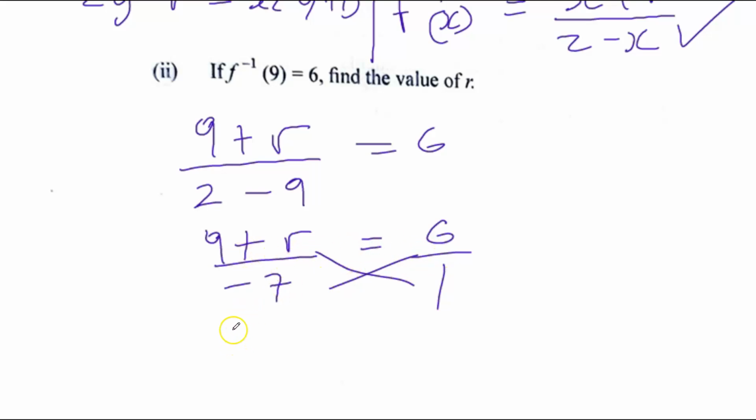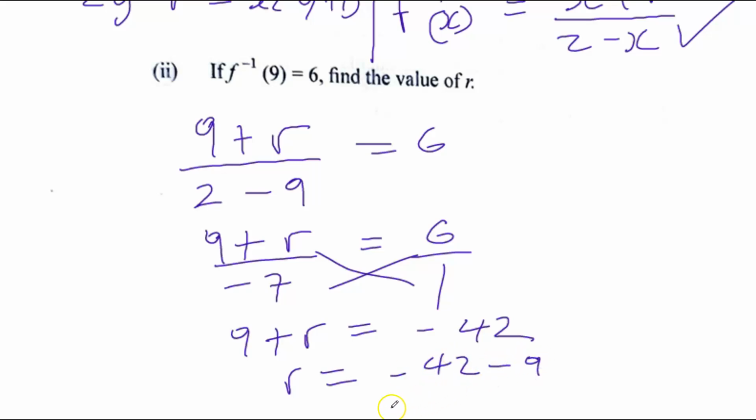Either way, we end up with 9 plus r equals negative 7 times 6, that's negative 42. And to solve for r, we can subtract 9 from both sides. So r equals minus 42 minus 9, which means that r is equal to minus 51.